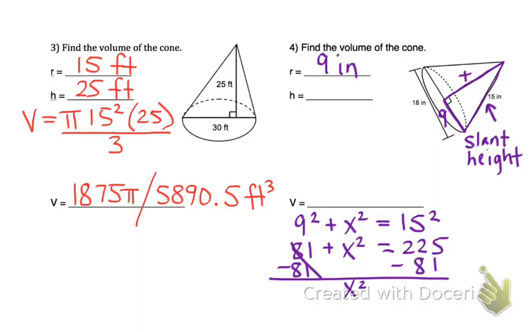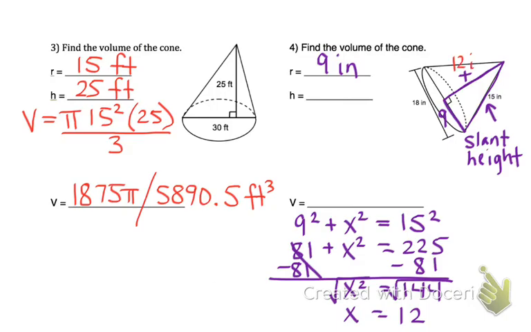I have x squared is equal to 225 minus 81, which is 144. I'm going to take the square root of both sides so that I get x is equal to 12. So what I just solved for is the height of our cone, which is 12 inches.